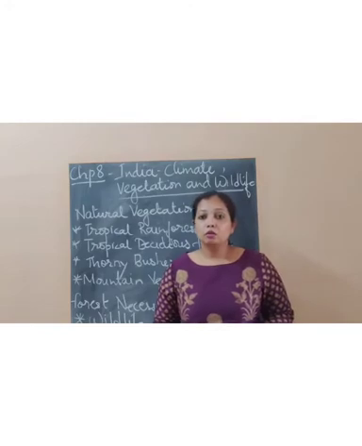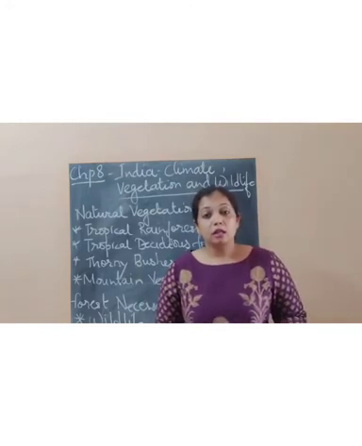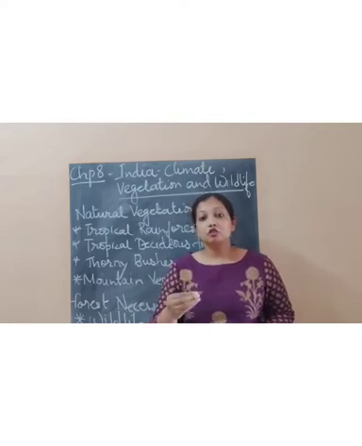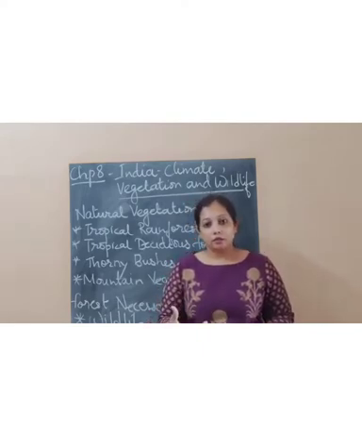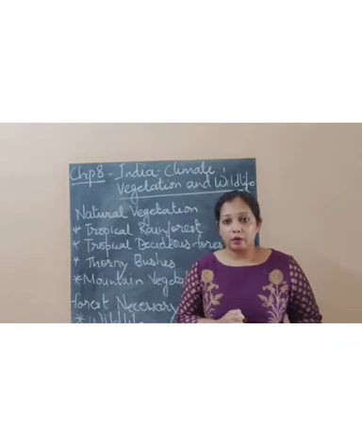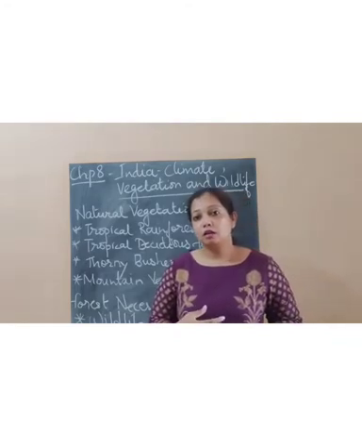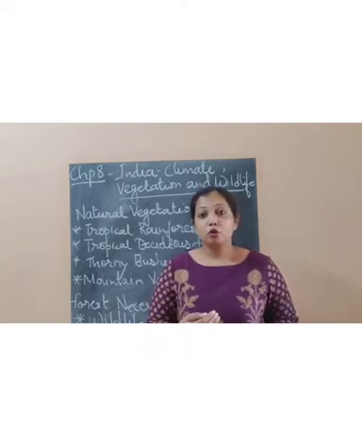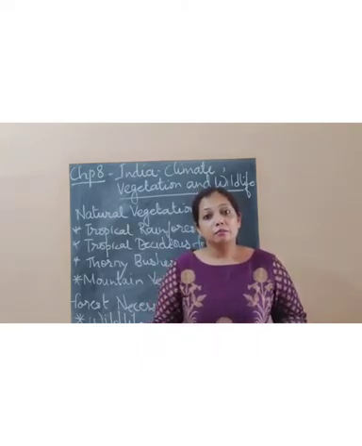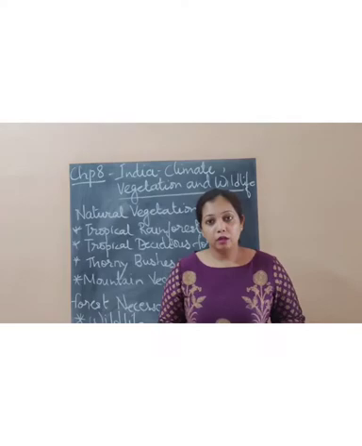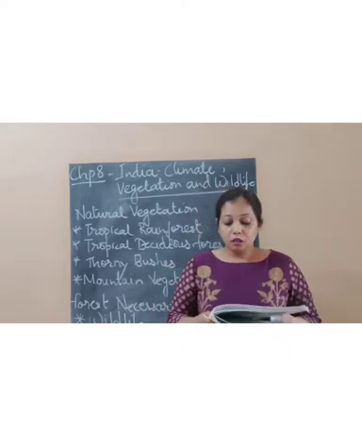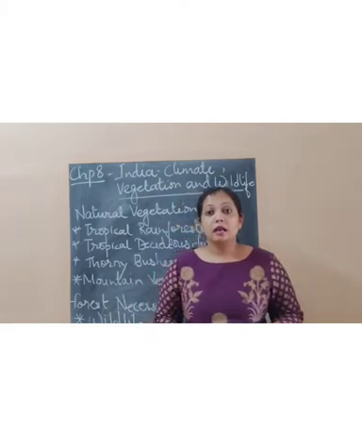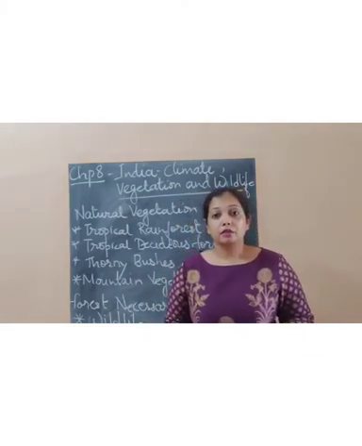When we talk about tropical rainforest, it means tropics. That means it is near the equator or close to the equator. We know that in the northern hemisphere, the Tropic of Cancer passes through the middle of India. This tropical rainforest is also known as Evergreen Forest.